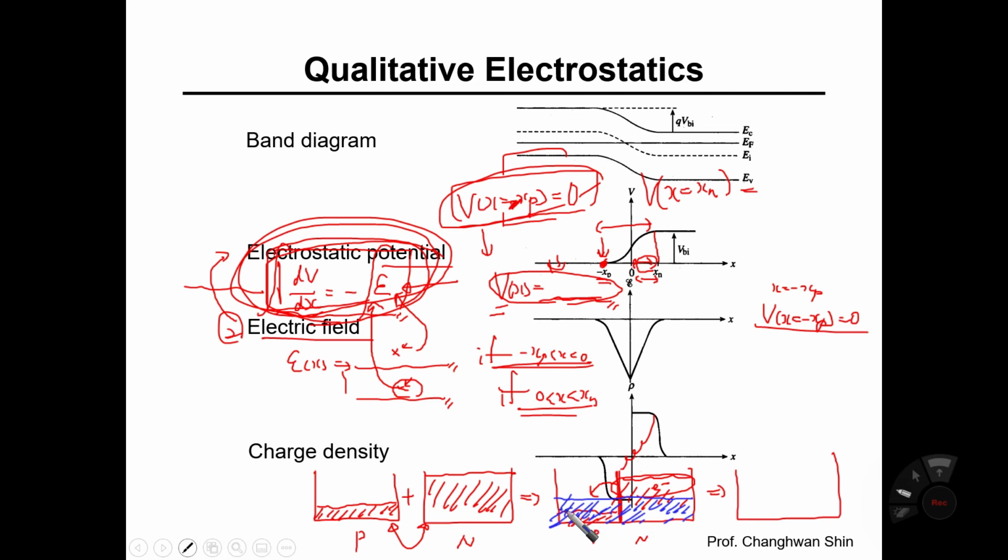Then the question is, originally there is this difference, but now no difference, because the water in the N side has spilled over into the P-type dish. What would be left behind? Yes, this energy barrier height has been removed.